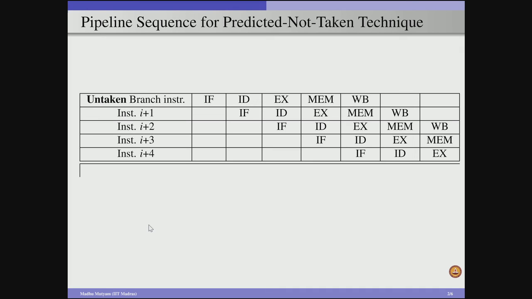After the branch instruction is issued at time t, at time t plus 1 we fetch the next instruction following the branch instruction, that is instruction I plus 1, and that will be in the instruction fetch stage while the branch instruction is in instruction decode. At the end of the instruction decode we know that the branch is not taken, and as a result we continue with instructions I plus 2, I plus 3, I plus 4 and so on.